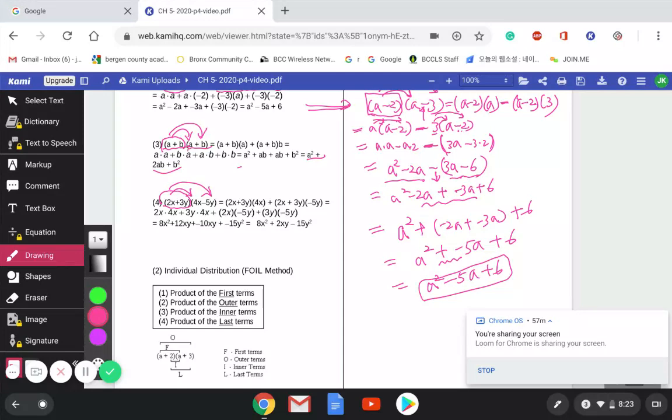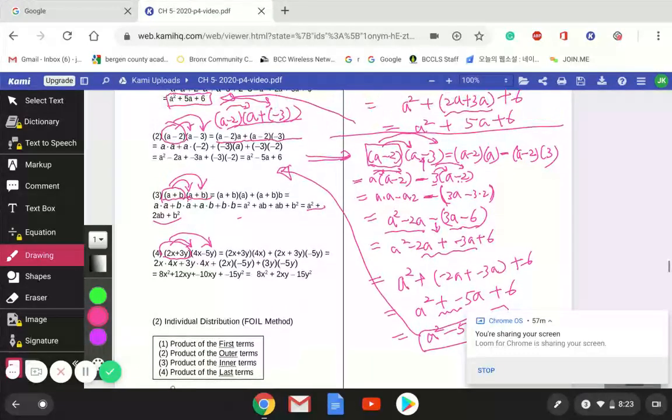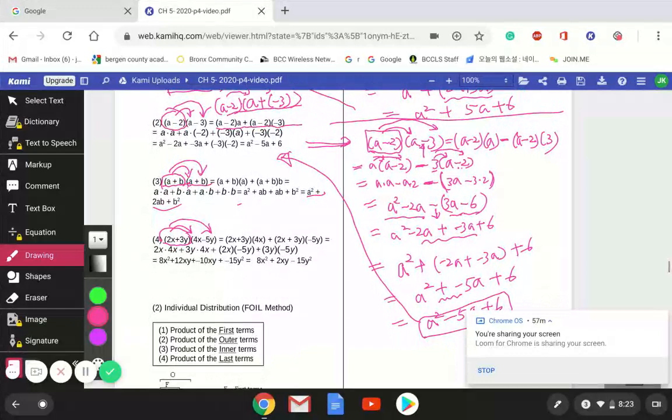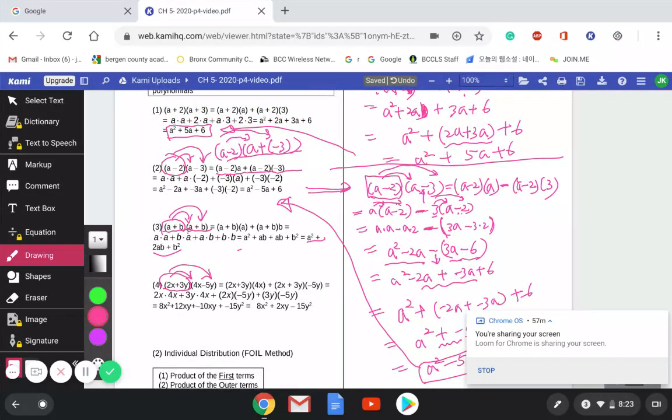So I got the same answer, but it could be a little complicated. So before dealing with all this grouping, I changed the a minus 3 into a plus negative 3, because when you're dealing with the plus operator, it's much easier.